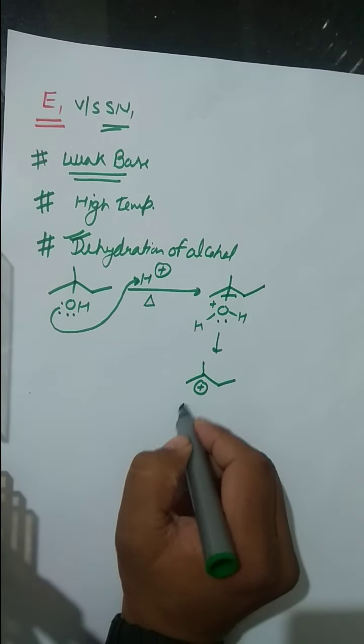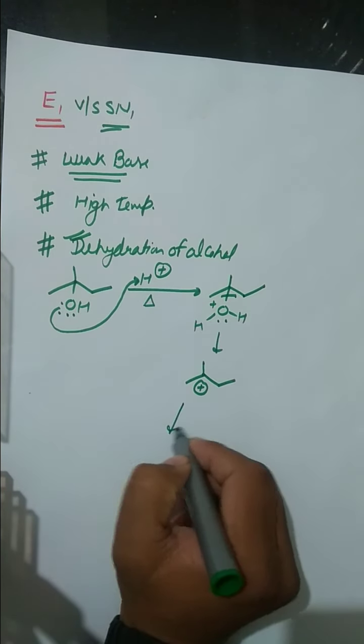Now what happens, from the beta position, that H is abstracted as H plus ion by the conjugate base of that acid. Conjugate base means HSO4 negative. These are weak bases. Or the OH negative ion of water, that is also a weak base, that will abstract this H as H plus.